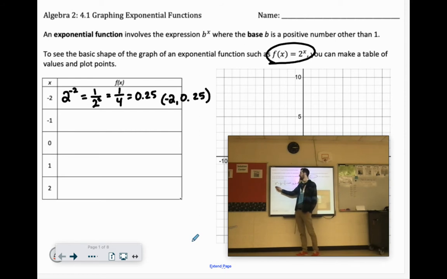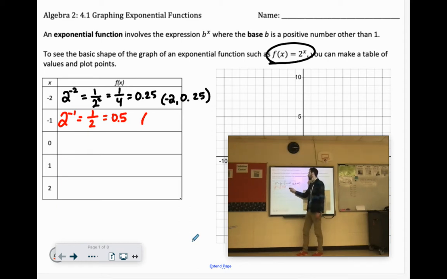Now we're going to sub in -1 for x. So 2 to the -1st power. Rewrite it, 1 over 2 to the 1st power, which is just 2. And then 1/2 as a decimal would be 0.5. So we put in -1, we got out 0.5. When we substitute in 0, 2 to the 0 power, now anything to the 0 power is just 1.